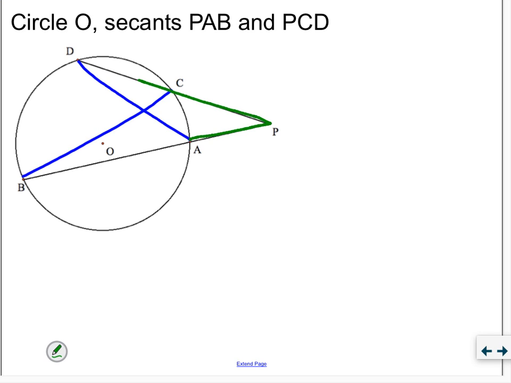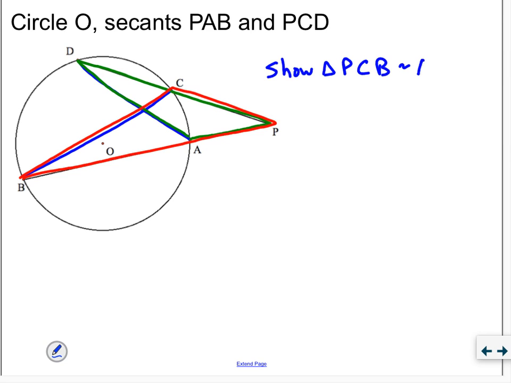I want to show that my green triangle and my red triangle are similar to each other. So I'm going to show that triangle PCB, my red one, is similar to PAD, my green one there.